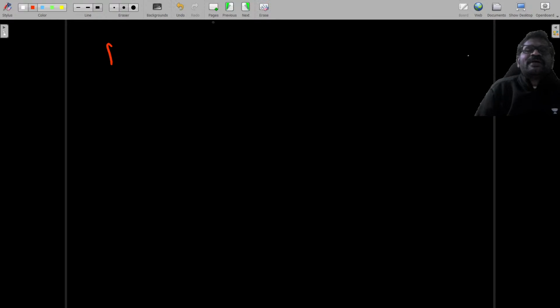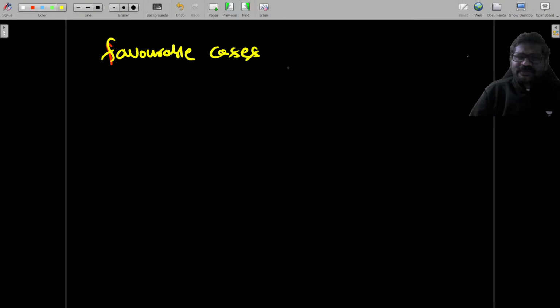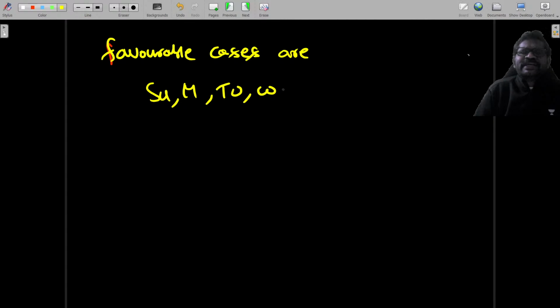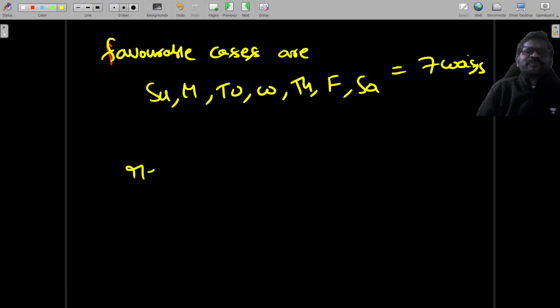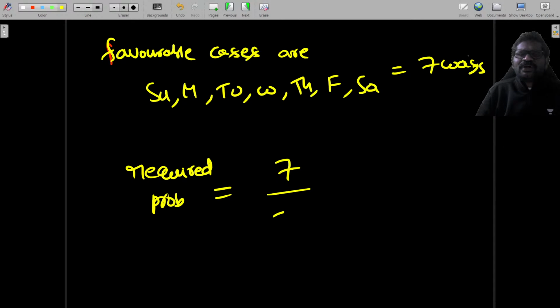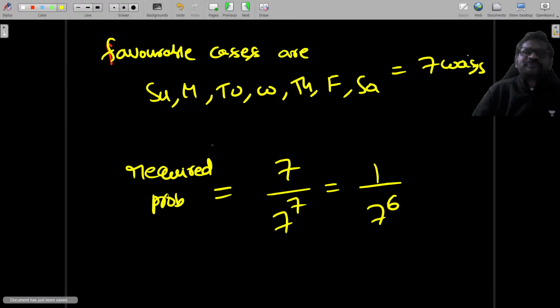That's why favorable cases are 7 ways. Therefore, the required probability: number of favorable cases is 7, total number of possible ways is 7 power 7. The required probability is 1 by 7 power 6. Understood?